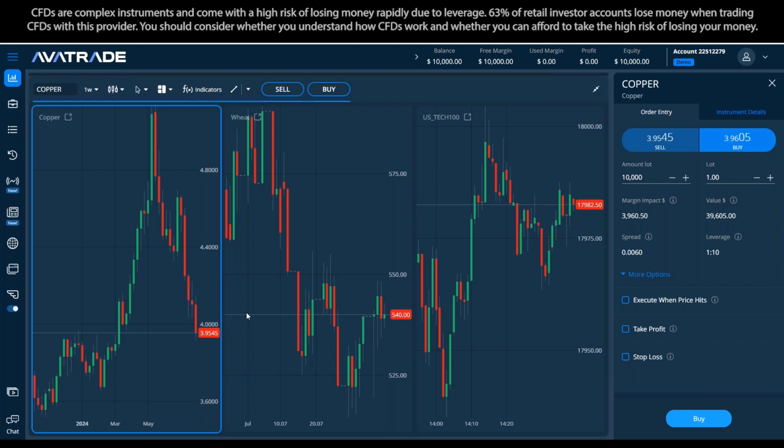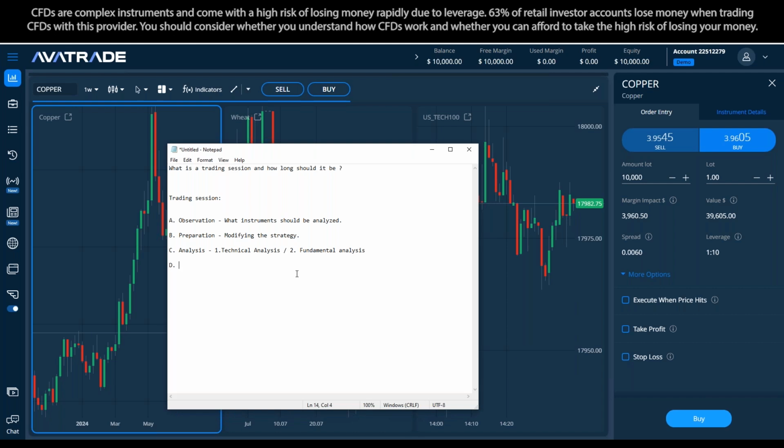Copper can also be reflected by the economy as a safe haven, but it's weaker as compared to the rest. And once I've done the analysis, I'm ready for, come on guys, nobody has given me a precise answer. What is the last thing we do when we are ready to trade?